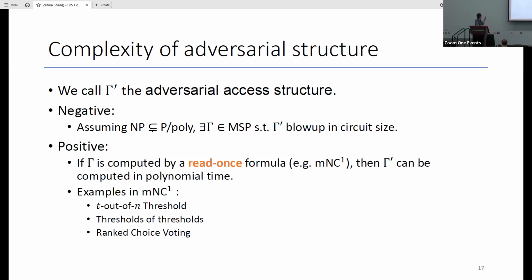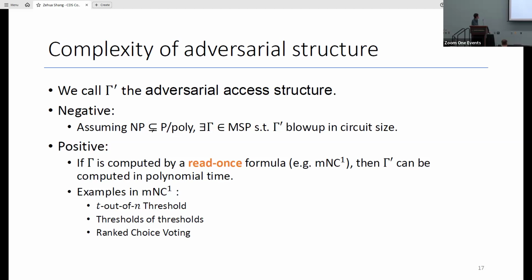And on the positive side, we managed to prove that if the access structure gamma is computed by a read-once formula, for example monotone NC1 circuits, then our adversarial access structure gamma prime can be computed in polynomial time.